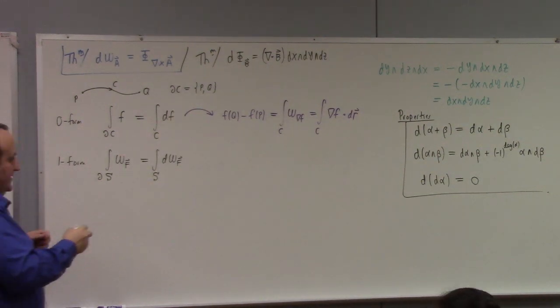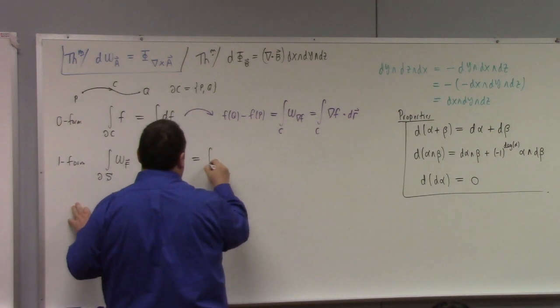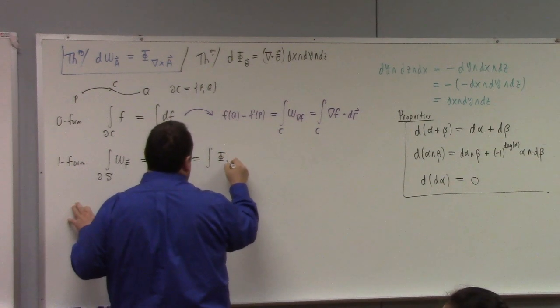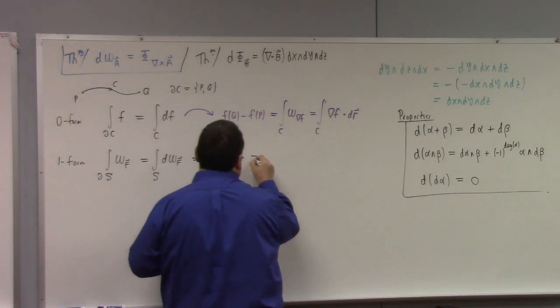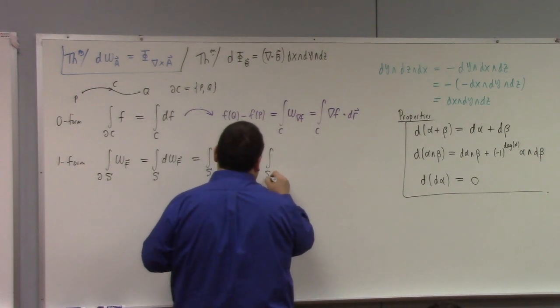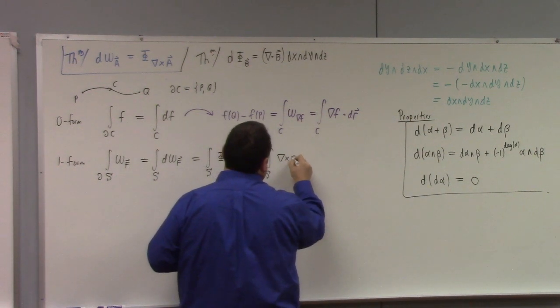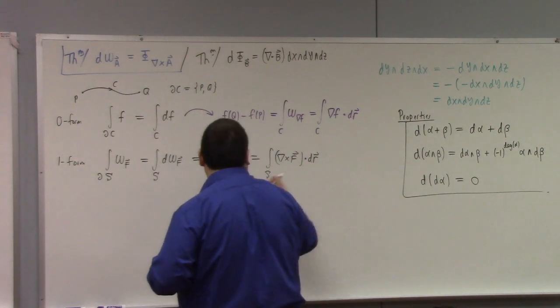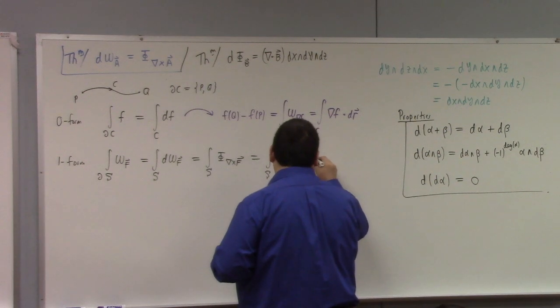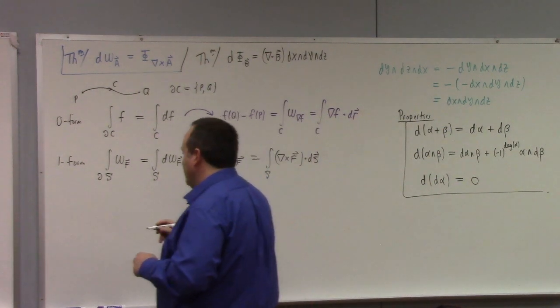But remember what we worked out today, that's exactly the flux form of the curl over the surface, which is exactly the surface integral, the flux of the curl over the surface. But what's the other side of this equal to?